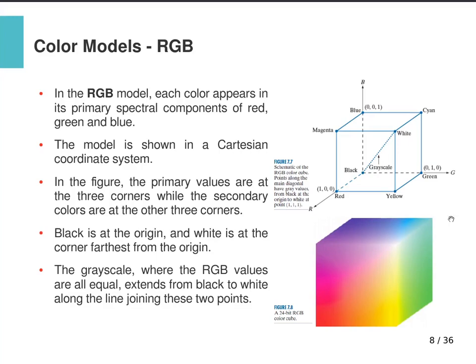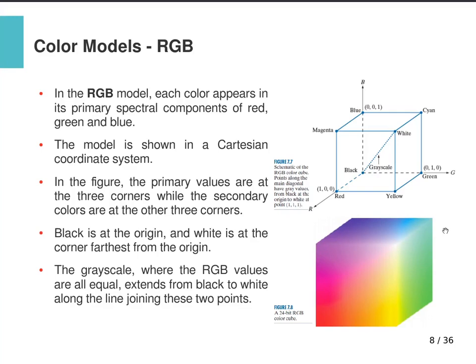The grayscale is represented by the line connecting the black corner and the white corner, and this line contains all the color values for which the amounts of red, green, and blue are exactly equal.